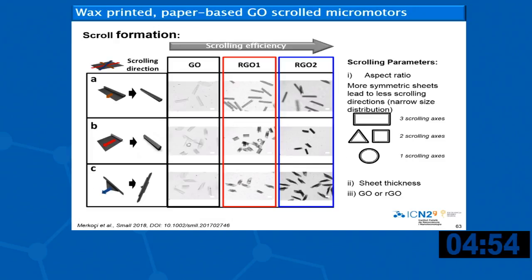We are trying to study the scrolling direction, and in fact we found that there are nice shapes depending on the way we scroll these devices, and by controlling the scrolling direction we get different kinds of devices. So this is the first time that we have a whole graphene-based motor.